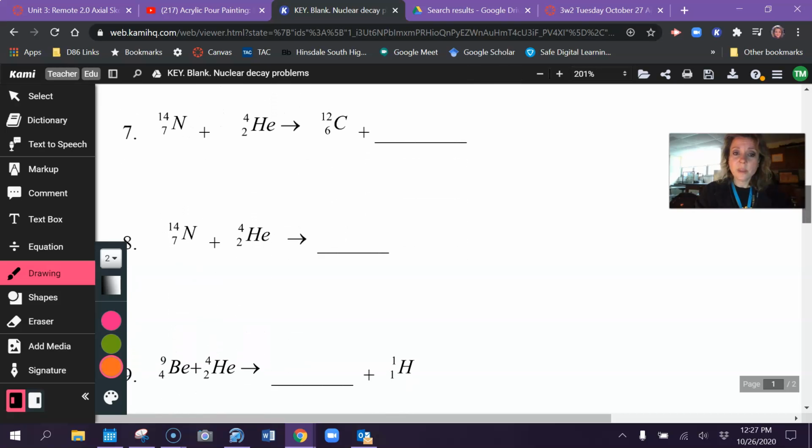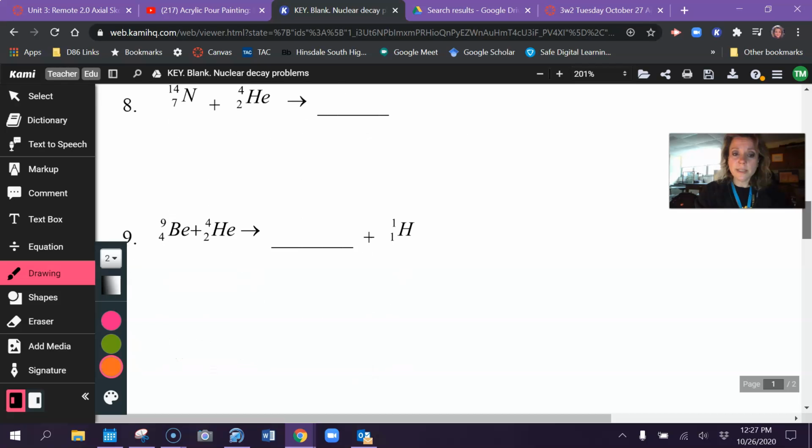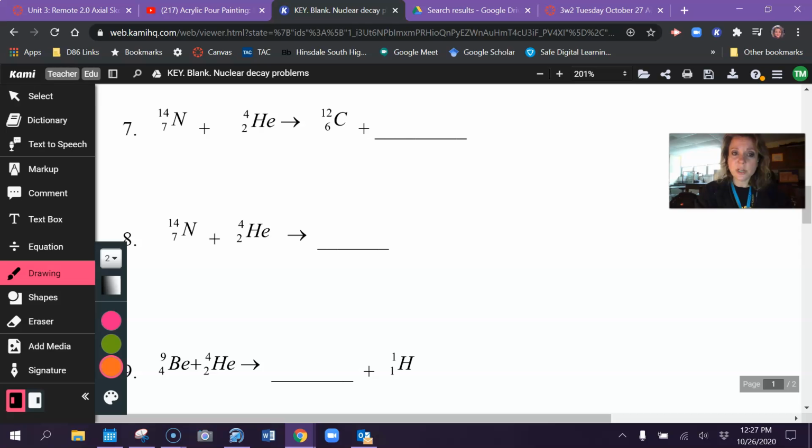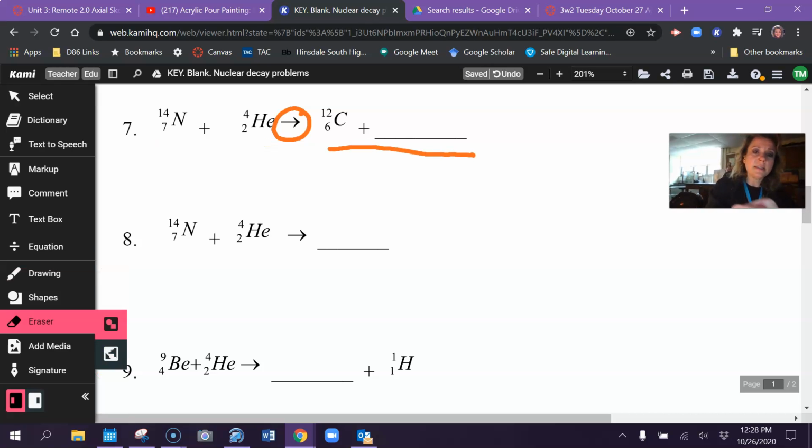Okay, so let's try one more. Here, let's try number 7. So here with number 7, here's my arrow. And I have 2 reactants here on the reactant side, and I'm going to have 2 products on the product side.